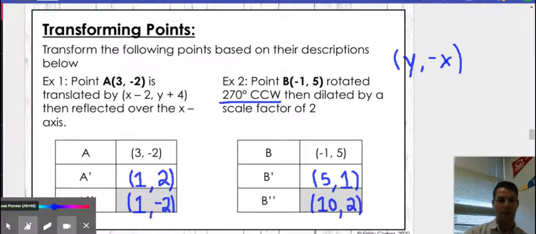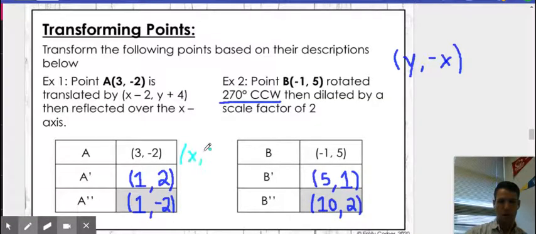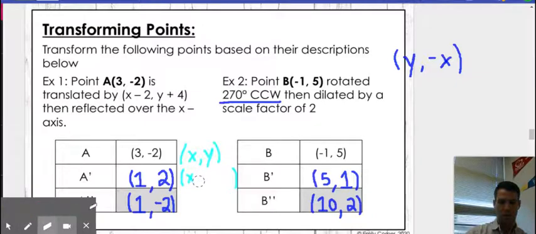An added note here for the points themselves. We know we started with both of these at (x, y). So if I wanted to say that in terms of x, y for the whole thing, I would basically have x minus 2 over here to the side, and y plus 4.